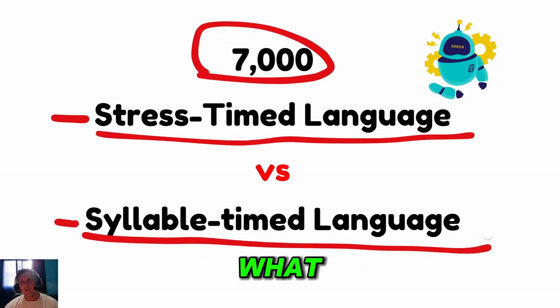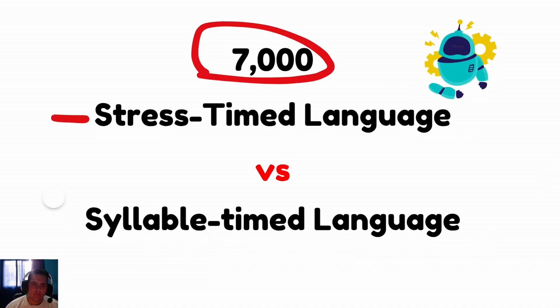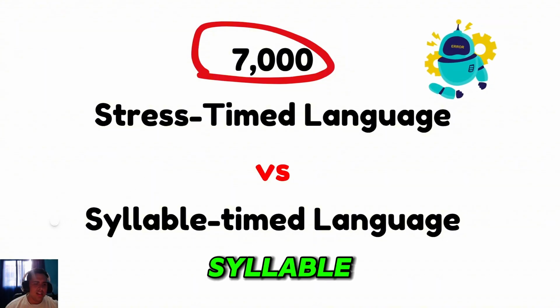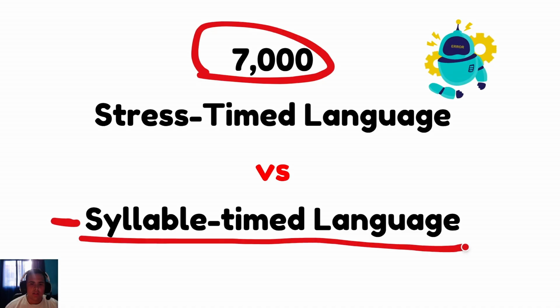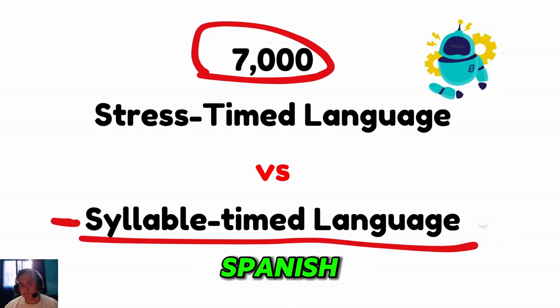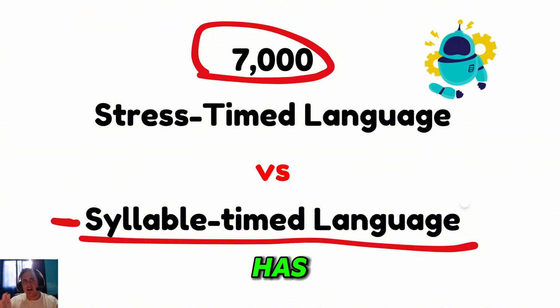So, what are the differences between these two sections? Syllable time languages are languages like Spanish. For example, all the syllables have the exact same amount of time.